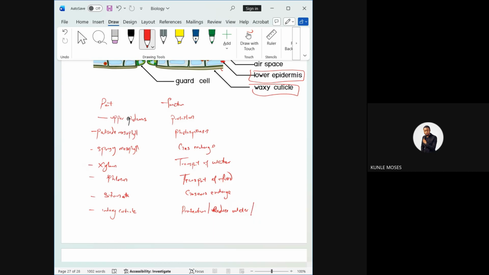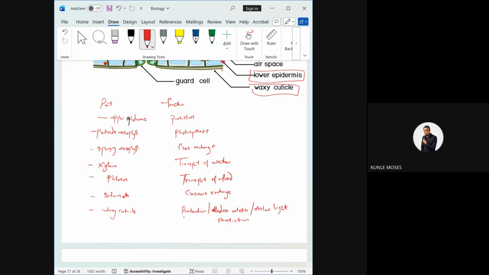And sometimes it allows light penetration. So I think, what else? Is there any other thing?